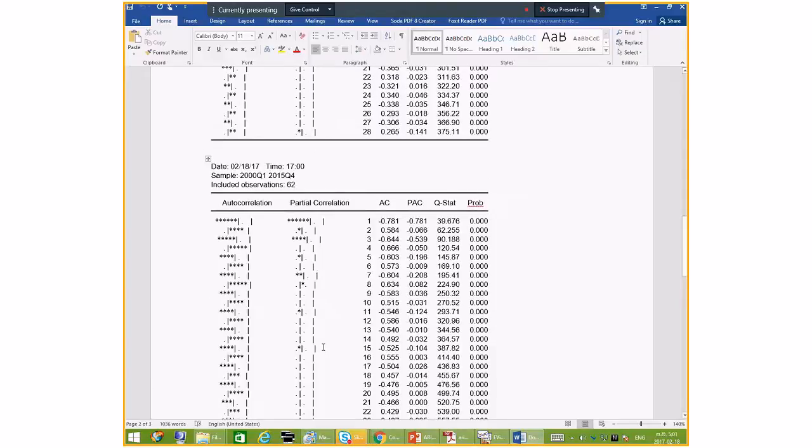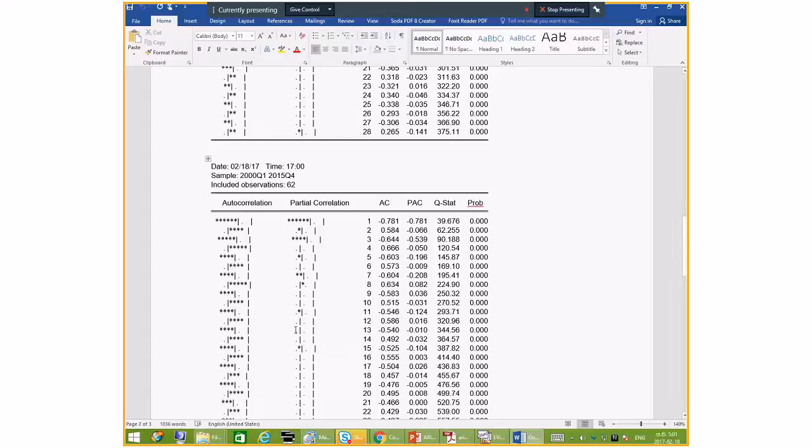Now, in the levels data non-stationary, the first difference series also non-stationary, second difference data also non-stationary. Now there is a remedy for that.